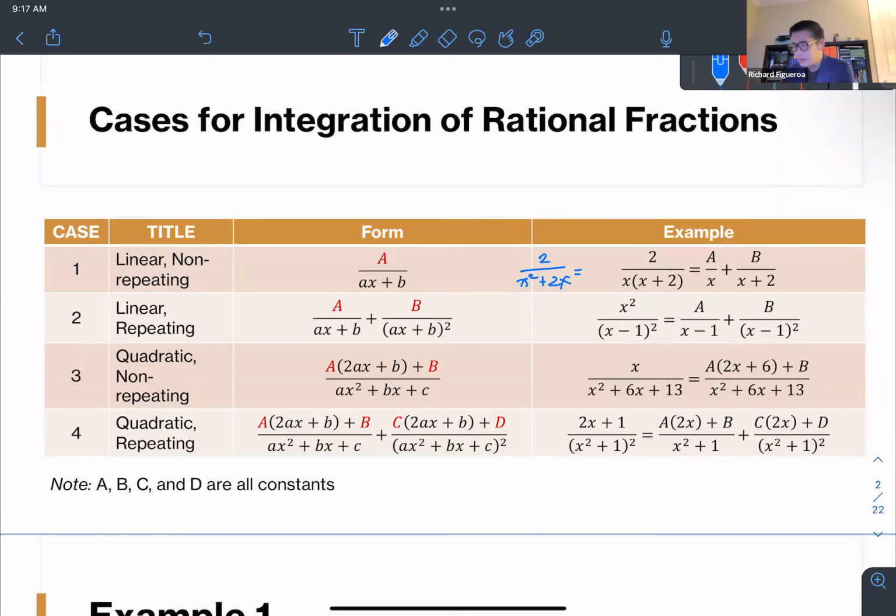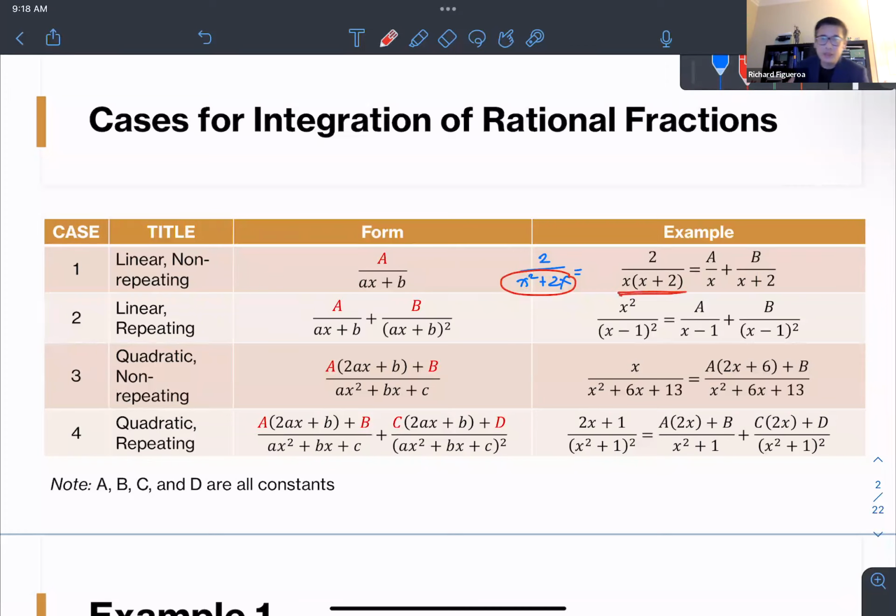Looking at the denominator, the degree is second degree, so that would make it quadratic without factoring. But after factoring, it will be given as a product of x times x plus 2.